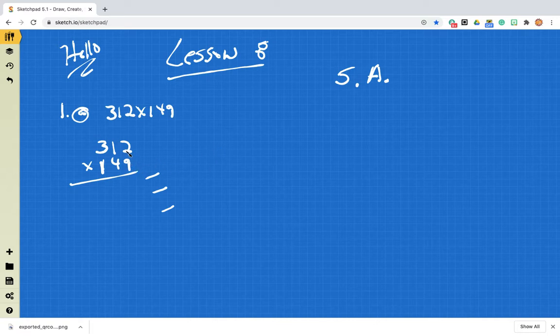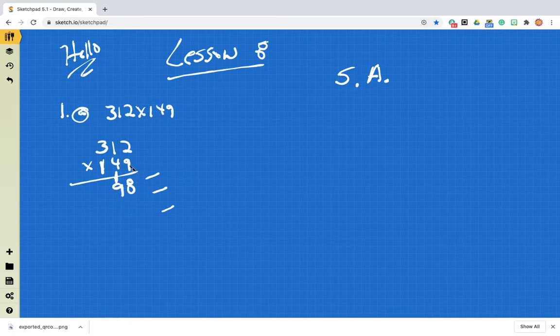9 times 312. 9 ones times 2 ones is going to be 18 ones. And then the 1 from the 18 gets written in the tens place. Now, 9 times a 1 in the tens place, so that's 9 times 10, which is going to be 90, which is a 9 in the tens place.